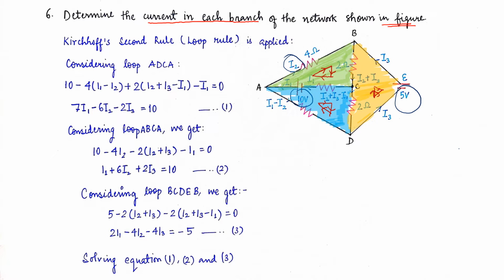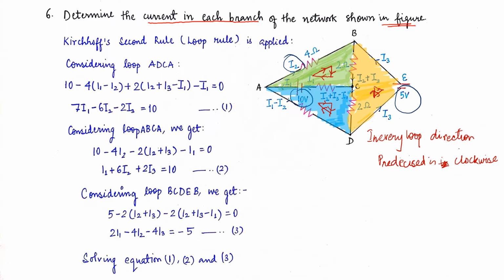This will be the current direction. In every loop, the pre-decided direction is clockwise. So these are the loops, and these are the directions we have understood.